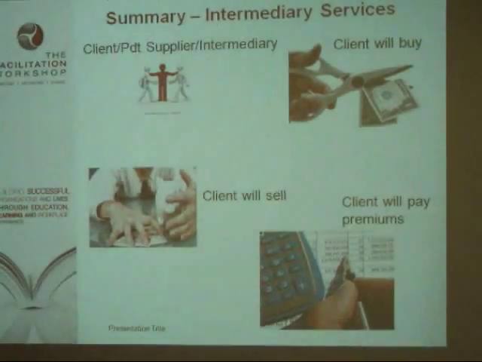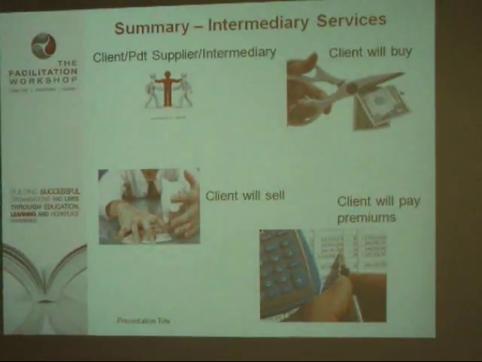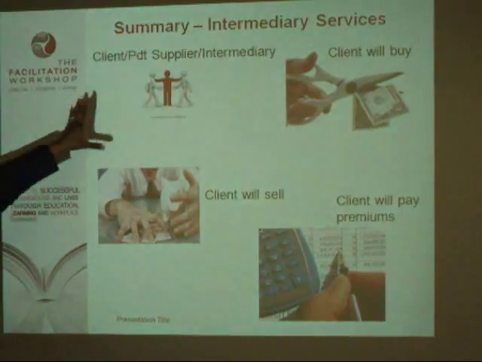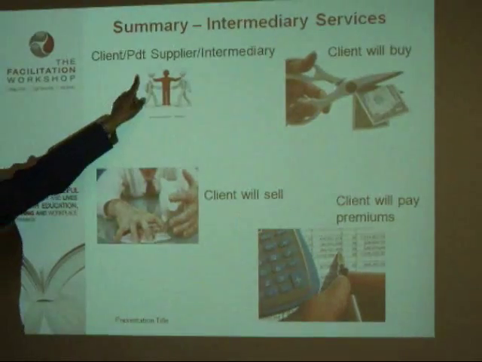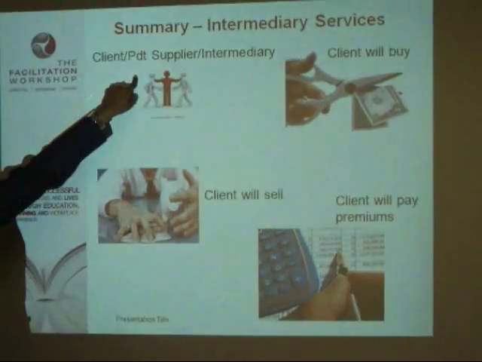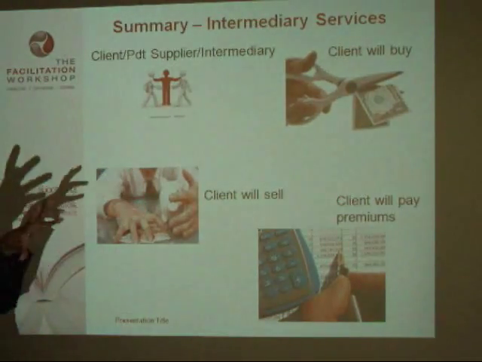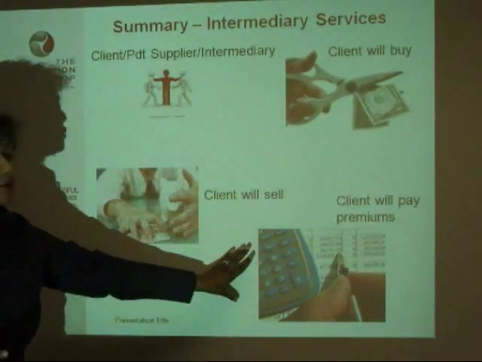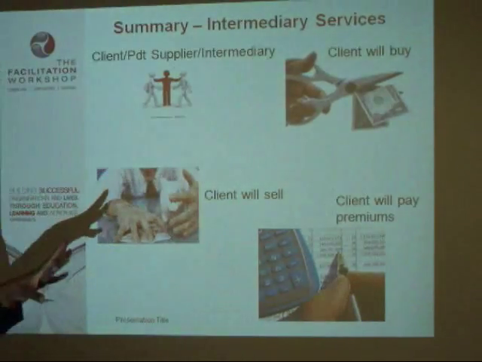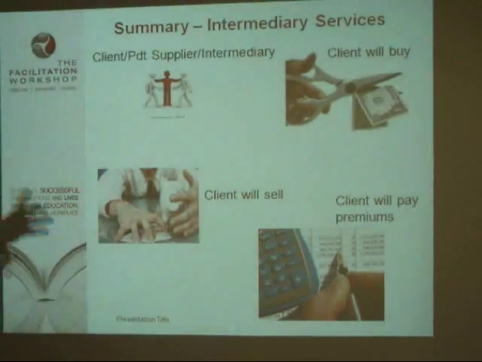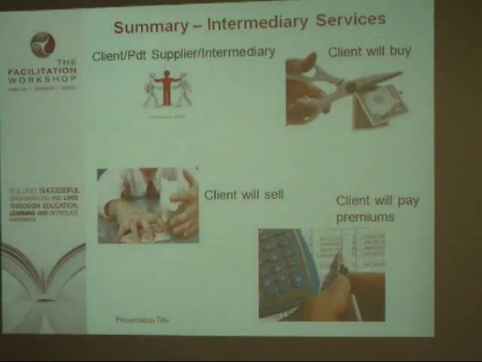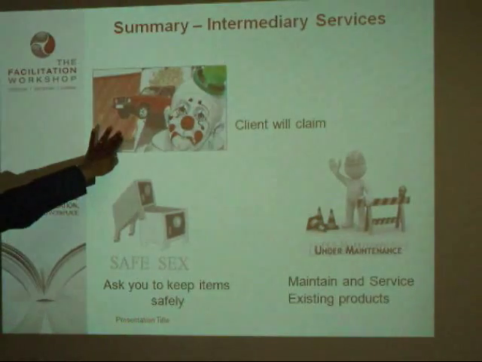Now, let's remember the intermediary services relationship. There will always be a tripartite relationship between the client, the product supplier, and the intermediary. Your client will buy, your client will sell, so money will change hands. Your client will pay premiums, and you will be required to account and to administer those premiums that have been paid. Your client will claim.